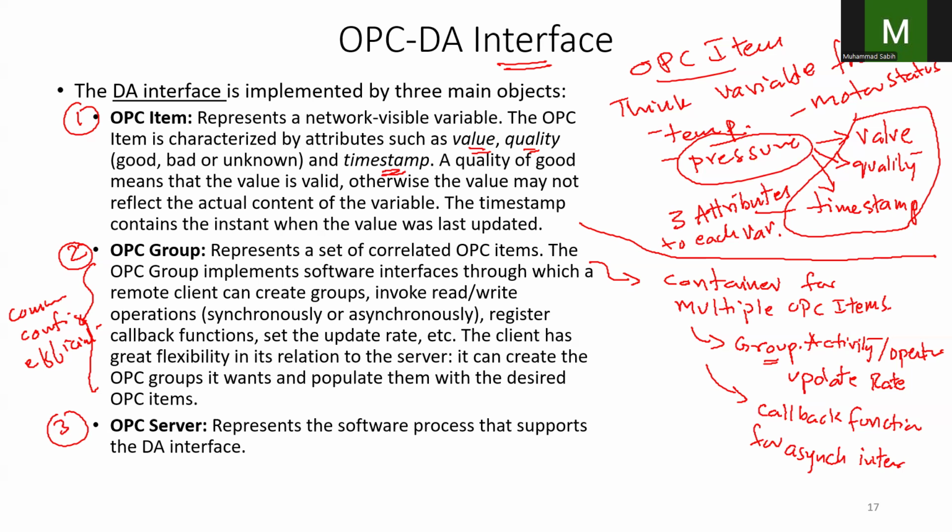So this represents all the software processes for the interfaces. These three elements, item, group, and server, work together to ensure seamless and flexible access to real-time industrial data.